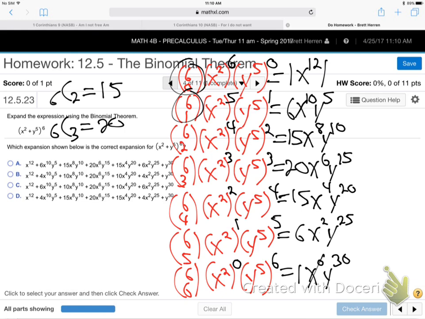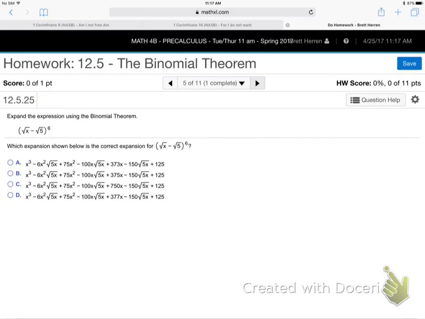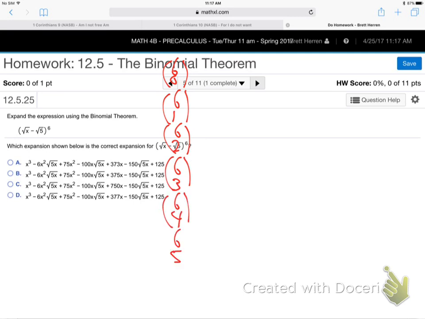All right, let's go to Sine at this point. Okay, so same thing. This one's 6th power again, so it's going to be very much like the last one. A lot of similarity. So 6, 0, 6, 1, 6, 2, 6, 3, 6, 4, 6, 5, 6, 6.